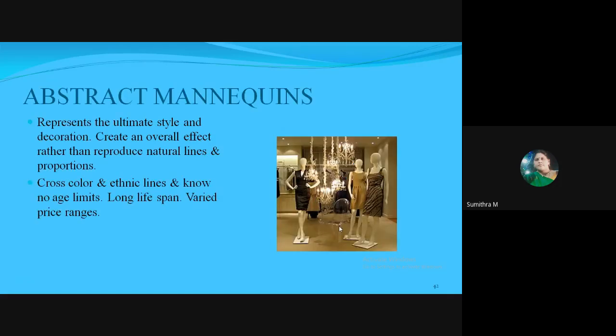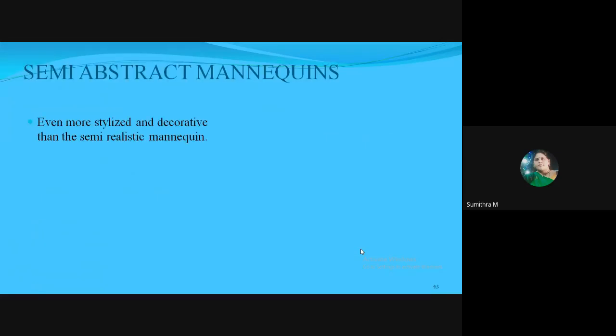Abstract mannequin: it will have the silhouette, but the curves and features won't be there. For example, eyes, nose, lips won't be there, but the silhouette will be there. That is more than enough to wear the garments. Our aim is just to sell the merchandise product.